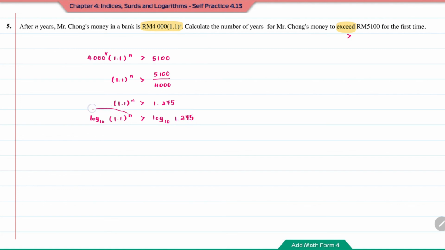So next, using the power law, move the n to the front. So next, to find the n, we're going to move the log base 10 of 1.1 to the right hand side.